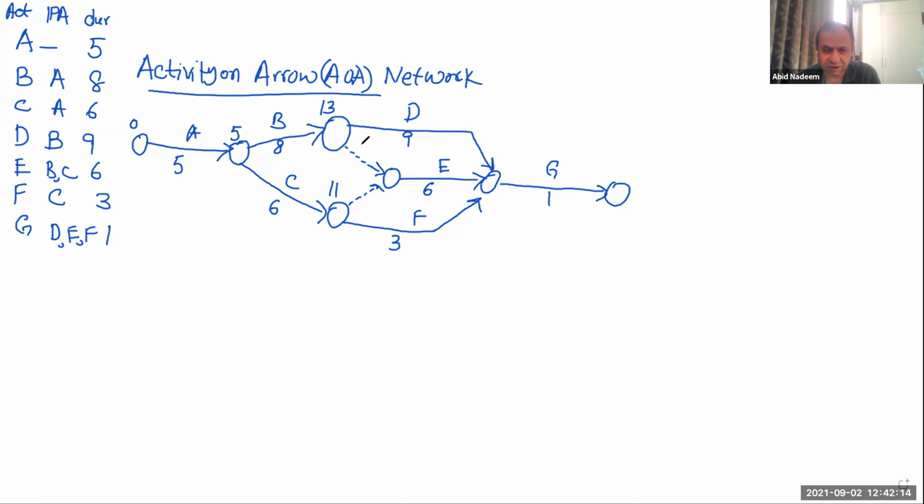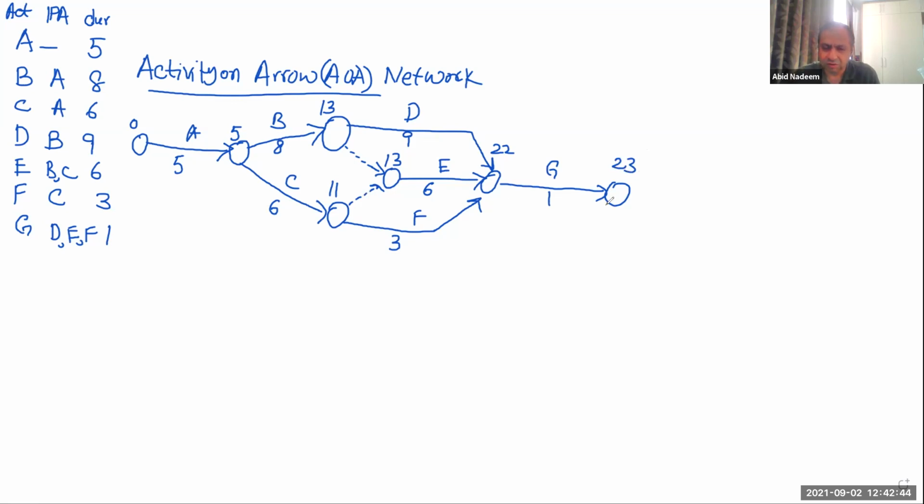If it is 13 from here and 11 from here, we will take 13. And 13 plus 9 will be 22, 13 plus 6 will be 19, and 11 plus 3 will be 14. Out of these three values, we will take the higher value, and then it will be 23.